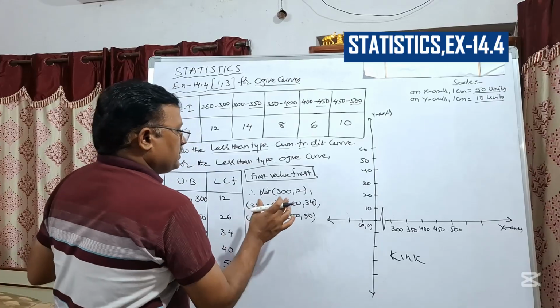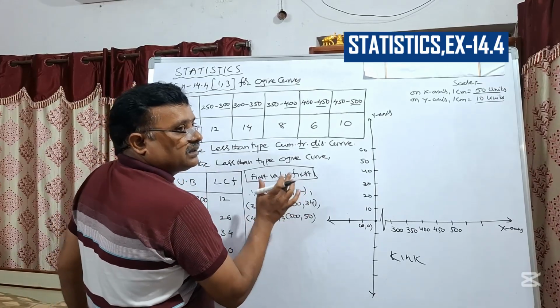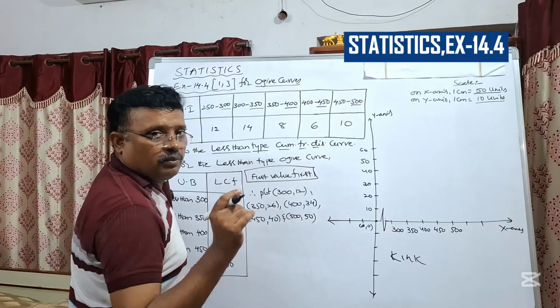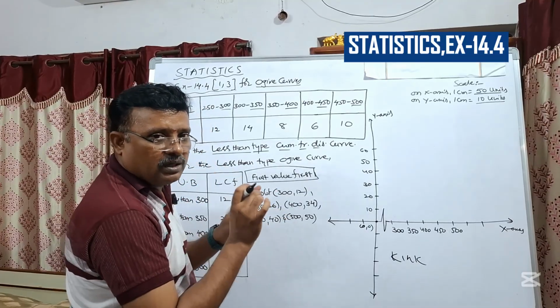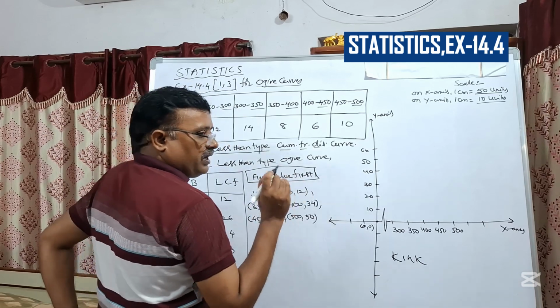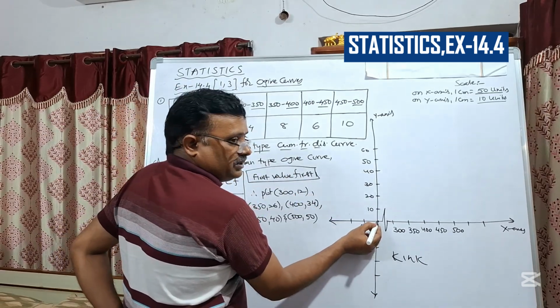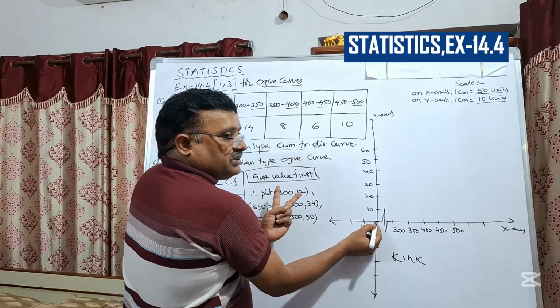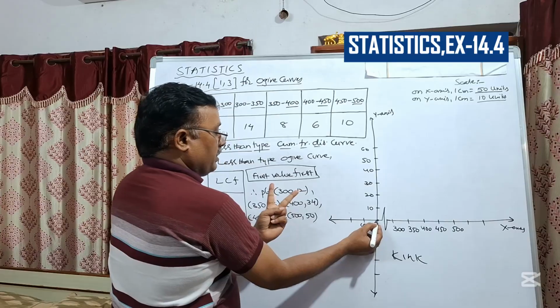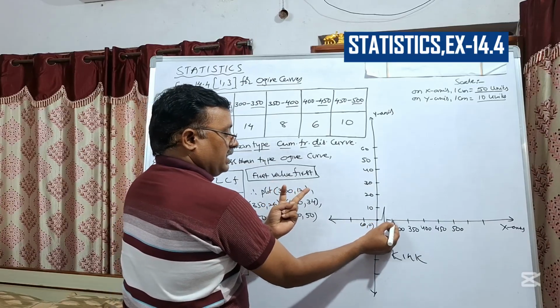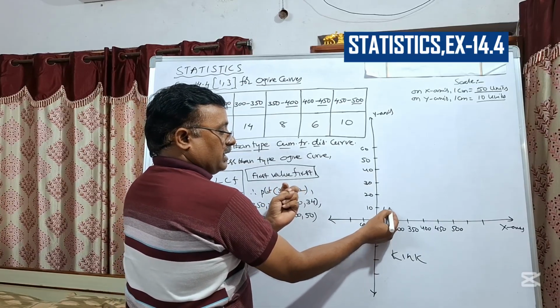Understood? What is the first point? Ordered pair 300 comma 12. What is the logic and correct process to plot a point? For every point, you start from the origin and consider the two values together to reach the destination. From the origin, first value 300, and from there 12 together.